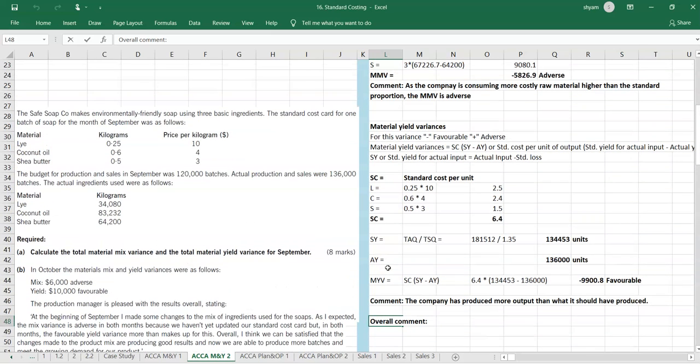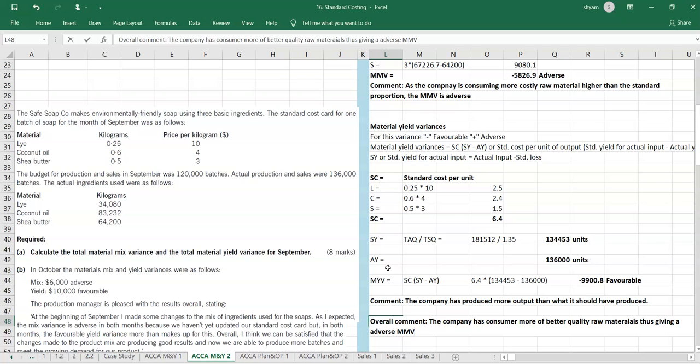So you can put it like this: the company has consumed more of better quality raw materials, thus giving an adverse material mix variance, but these better quality raw materials have resulted in a favorable material yield variance. So that's the concept here.